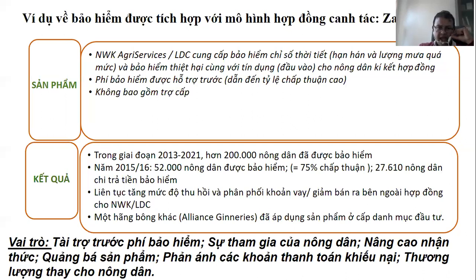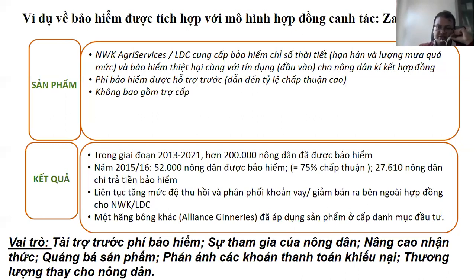One of the interesting things we've also seen is that because of having the insurance product, there have been consistently high levels of loan recovery and of deliveries. There are a few reasons for that. One is that potentially because the insurance product pays out in the bad seasons, that helps the companies recover some of the outstanding credit.